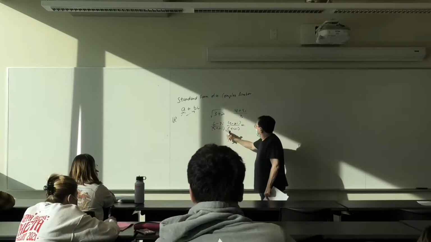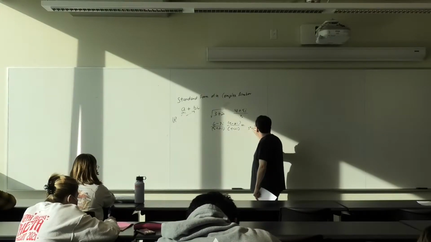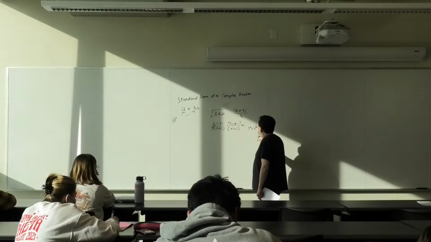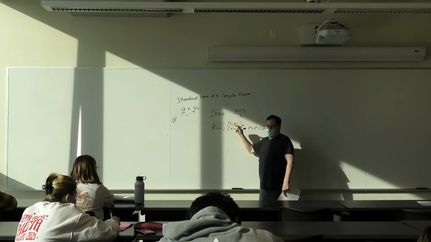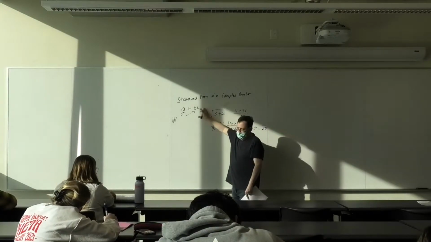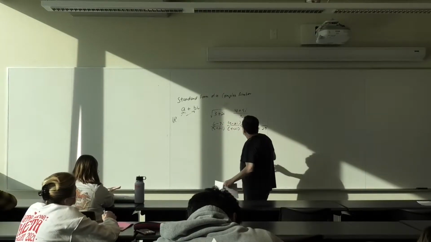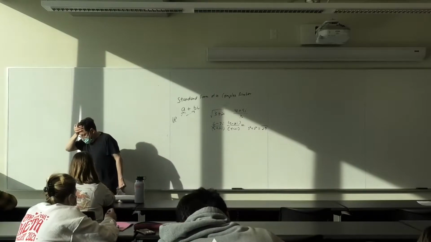Since it's 5 plus 2i and 5 minus 2i, it's just going to be 5 squared plus 2 squared, which in this case is 29. And from there, after I FOIL this, I can break this up into the standard form. Okay, that was one thing I think I missed on Tuesday.